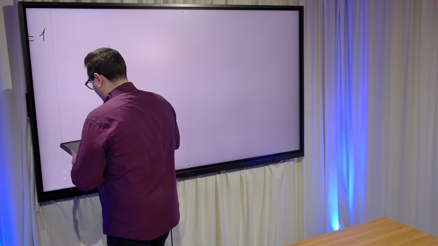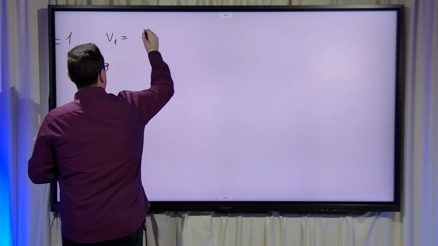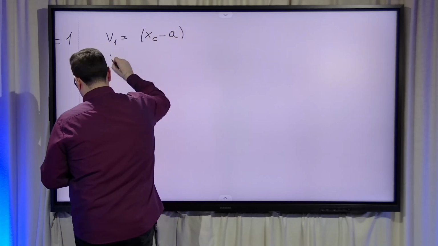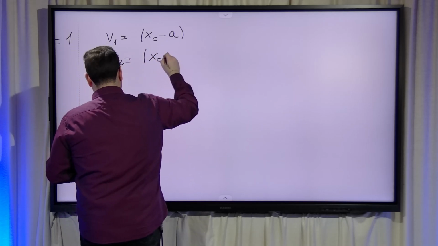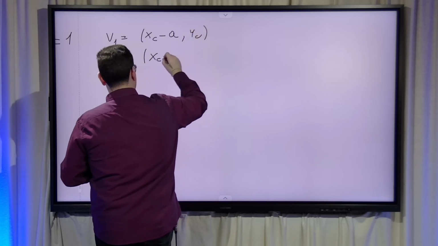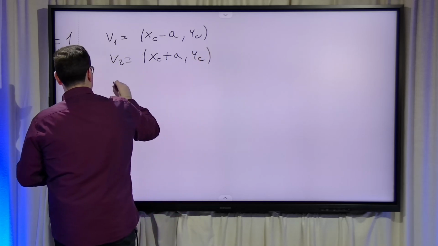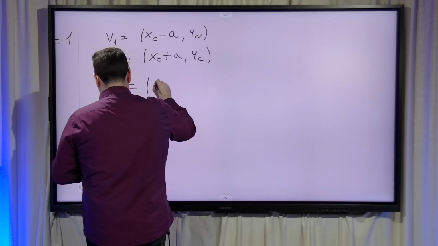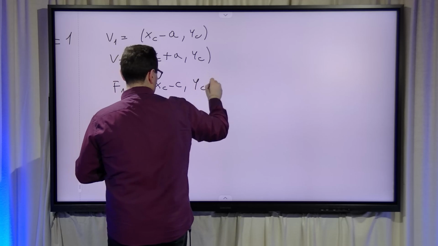Let's write down some fundamental results. V1 is equal to xc minus a, yc, and V2 is xc plus a, yc. These are the coordinates of the focus F1, so xc minus c, yc.